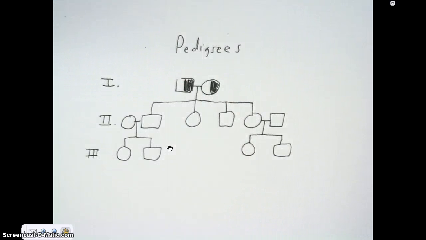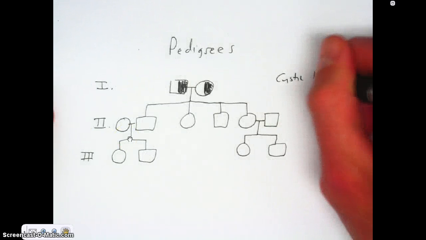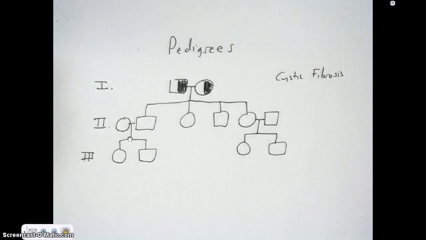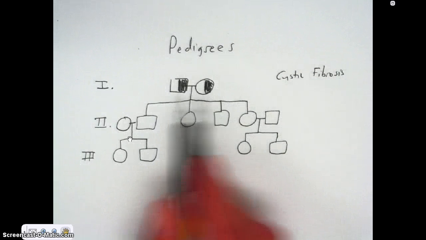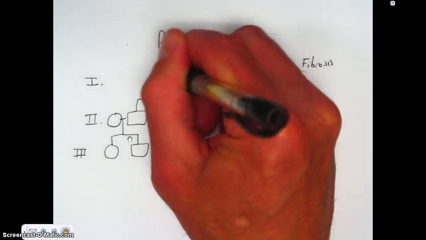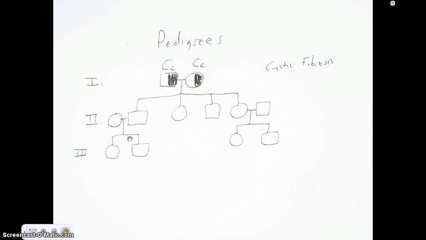The disease I'm going to pick is called cystic fibrosis, and I'm not just making this up because this actually is a recessive disease. Since both of them are carriers, I'm going to write down their genotypes as big C, little c, and big C, little c.